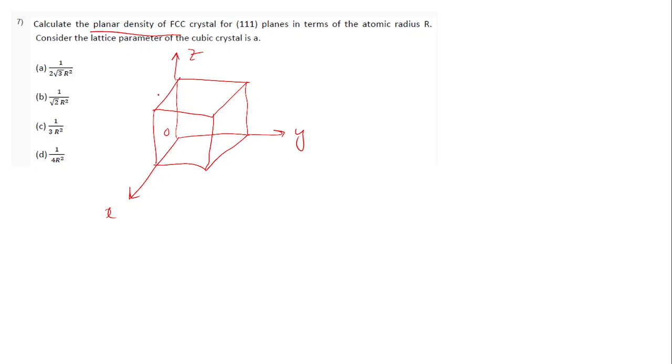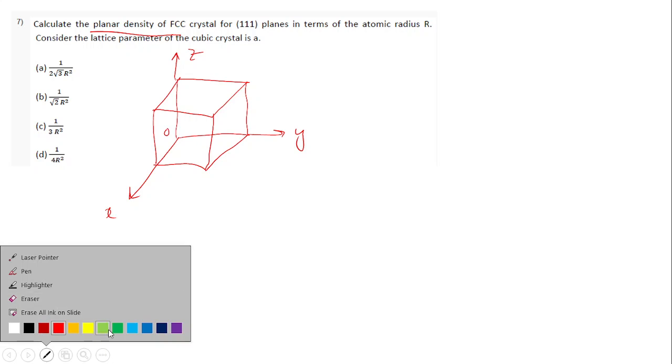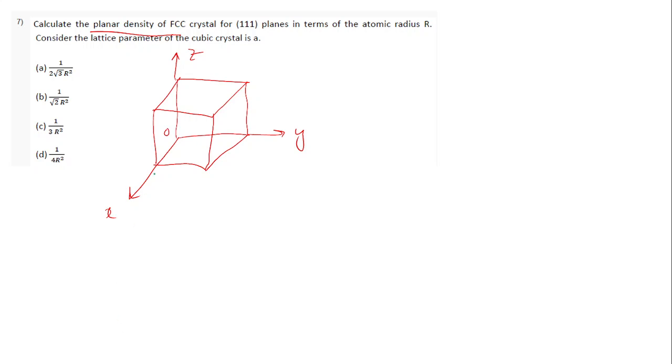FCC means we have atoms at the corners. And then again, just to keep it clear, I'm not making all of them, but on all 6 faces we have 6 atoms. Now drawing is done.